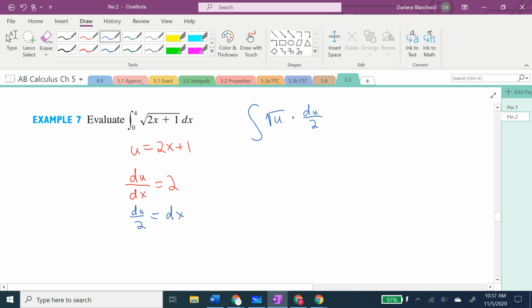But you cannot put the numbers 0 and 4 on this integral. Whatever variable the differential holds, it is understood that that is what those numbers are representative of.